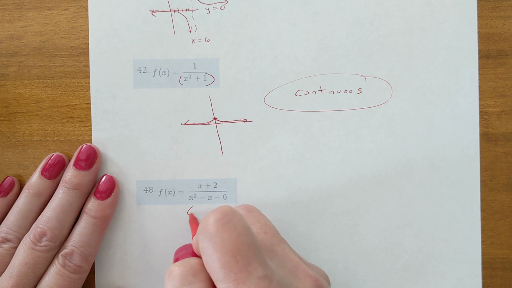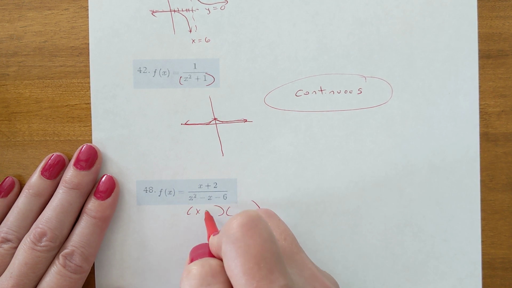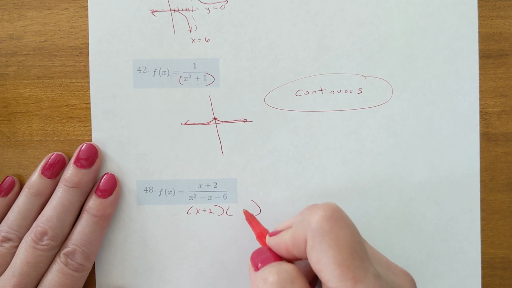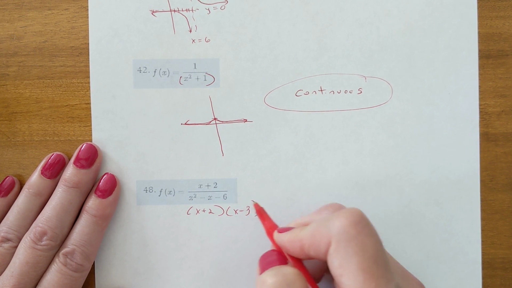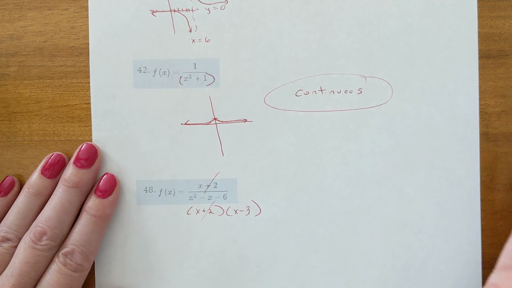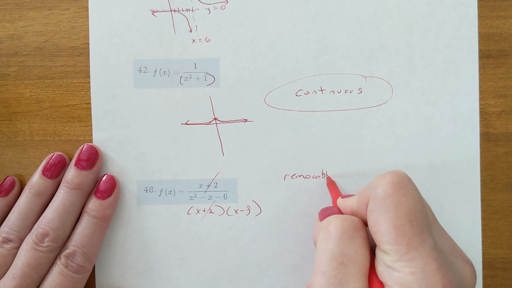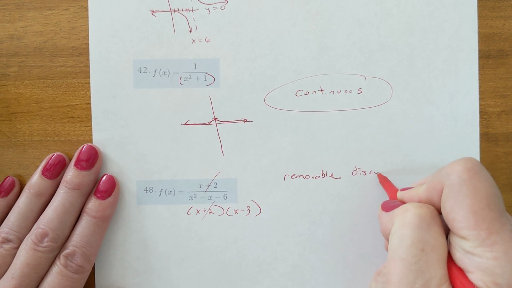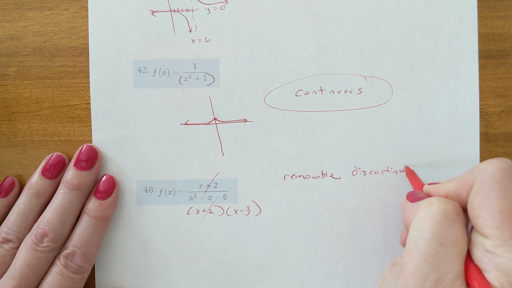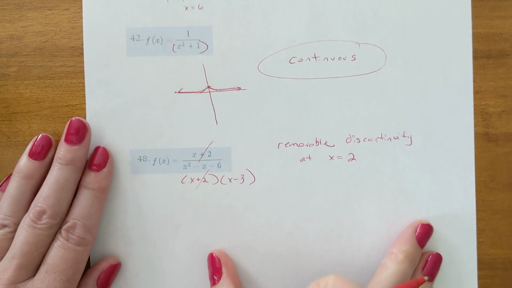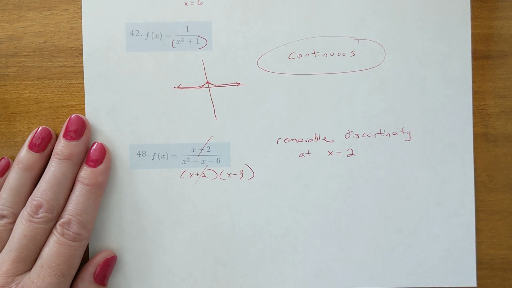All right, this one, since we can factor down here, that's x plus 2, so it's going to have to be x plus 2. They always play that game. So then that's x minus 3. So it has a removable discontinuity at x equals negative 2. It's got a hole there.